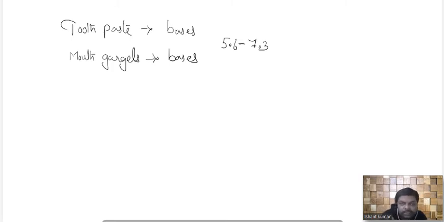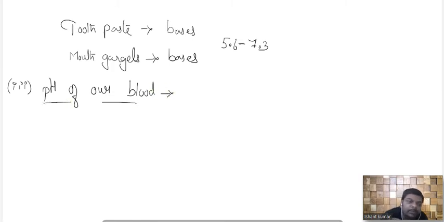Next, the pH of our blood. The third place where pH is used is the pH of our blood. Our blood is also a solution, and it contains different types of substances.